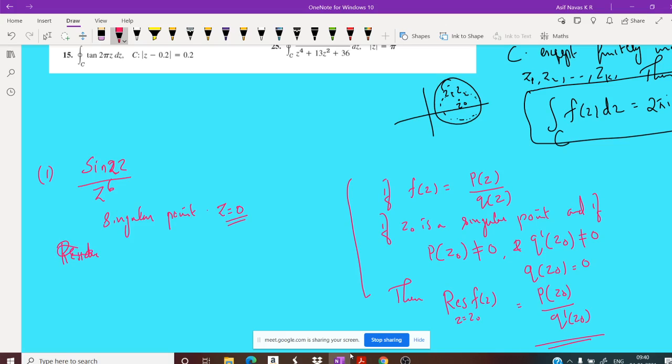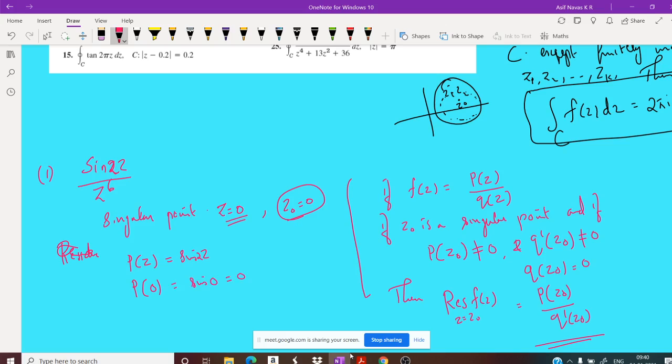So let us check whether we can do this problem using this. What is p of z here? Sin 2z. Now what is z naught here? Z naught is the singular point 0. But here p of 0 is equal to sin 0, which is 0.